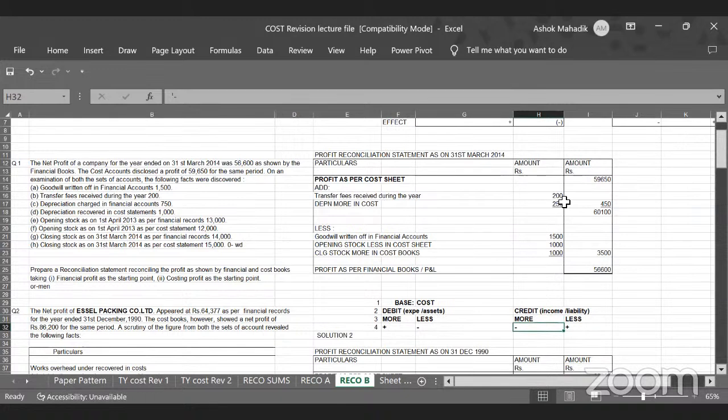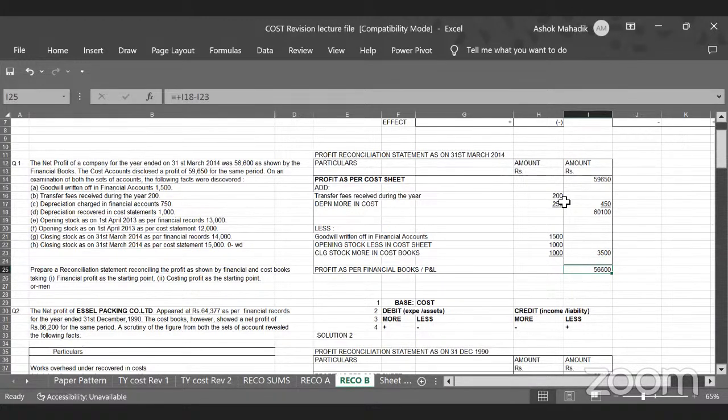Now add these two figures of add items, put them in the outer column, add it to the cost profit, and you get one total. Then go to less items, add them, put in the outer column. From 6,100, subtract them, you get the new answer. This must be profit as per financial records.